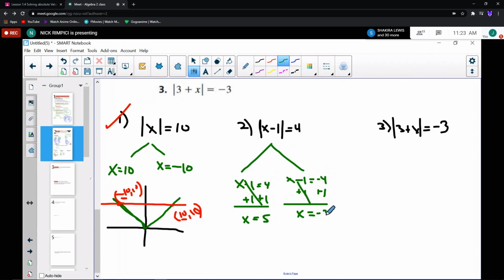What we can do to make sure he did it right is check these by substituting them back into the original. If I substitute 5 back into the original, I have 5 minus 1 equals 4, and 5 minus 1 is 4, and of course the absolute value of 4 is 4. Now I'll check negative 3.